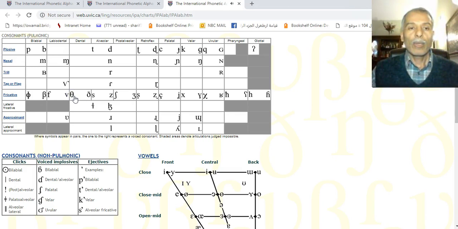It may change how you say a sound. Sa, sa. Okay. Da, da. Na, na. Sha, sha. Ja, ja. Ra, ra. La, la. Ya, ya. Ha, ha.